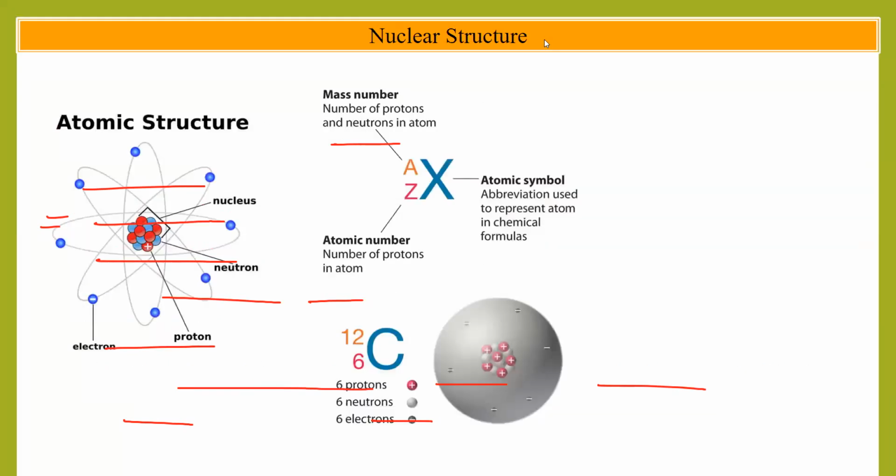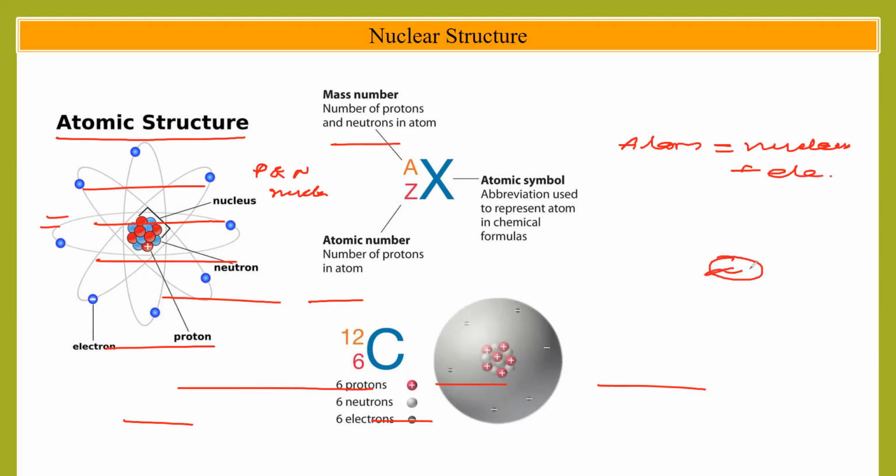Okay, so what is atomic structure? We know that an atom includes electron, proton, and neutron. Protons and neutrons are found in the nucleus. So basically we can say that atom is nucleus plus electrons. The nucleus is at the center, it is positively charged, and electrons are around this nucleus.